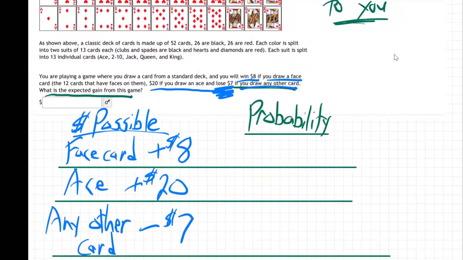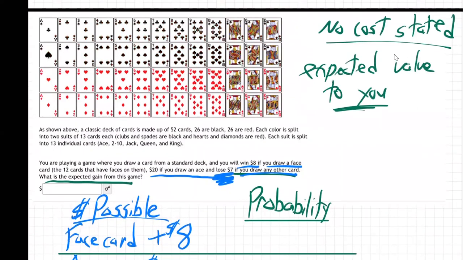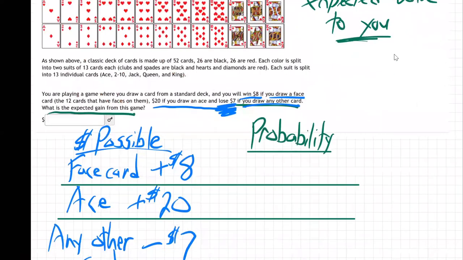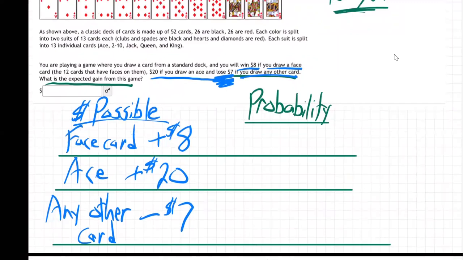So first off, what is the probability of getting a face card? Well, all the face cards are all these. There are 12 of them. 3 times 4 is 12. That's what it says right here, the 12 cards that have faces on them. So those 12 cards, how many cards in the deck? 52. So the chance that you're going to get one of those face cards is 12 out of 52, and we're supposed to multiply that, right?